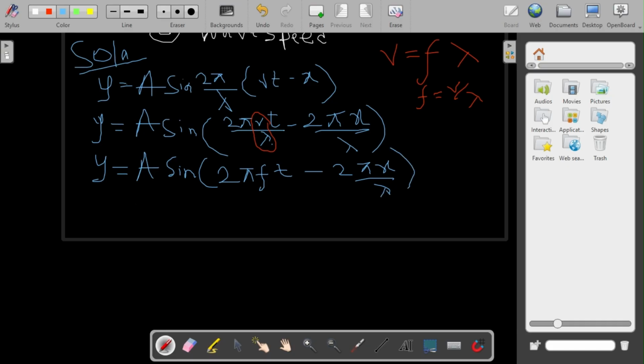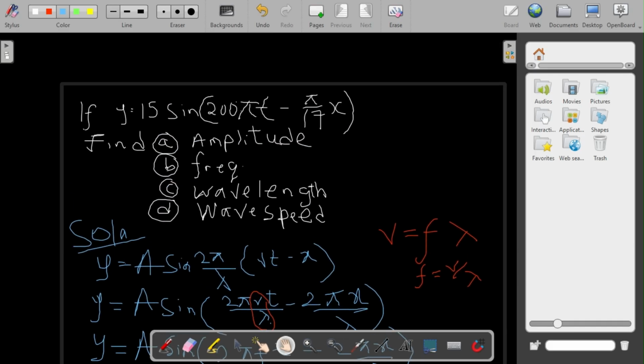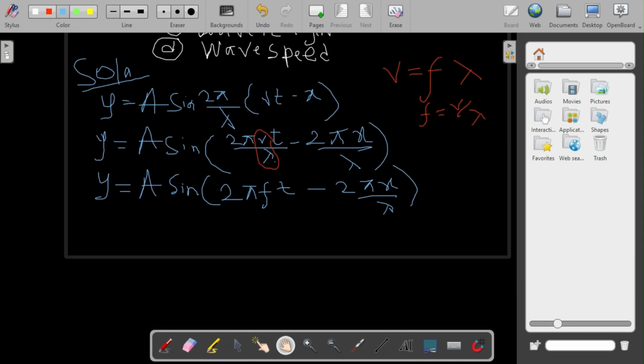So I have this. Now, in progressive wave equation, the basic thing you need to know is it's all about comparisons. If you look closely, my question is y equals 15 sine (200 pi t minus pi over 17 x).